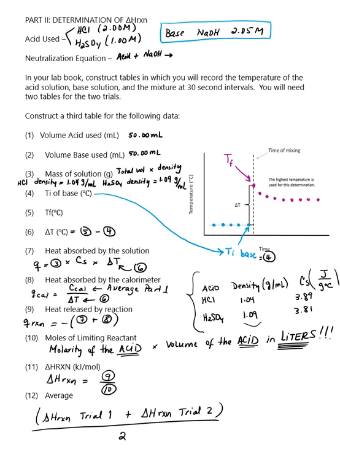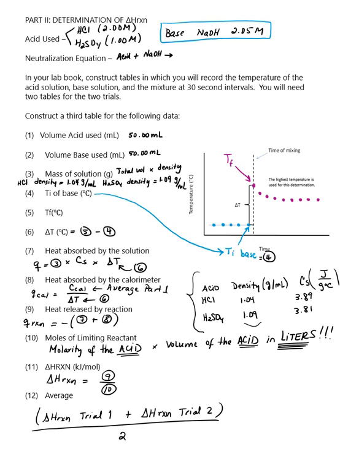So you have your graph. What I have here in the pink color is the temperature for the mixture of the acid and the base, and you have in blue the temperature of the base. So your initial temperature for the base will be, you see, the last dot that I have in my graph, because that's the temperature right before mixing the acid into the calorimeter.